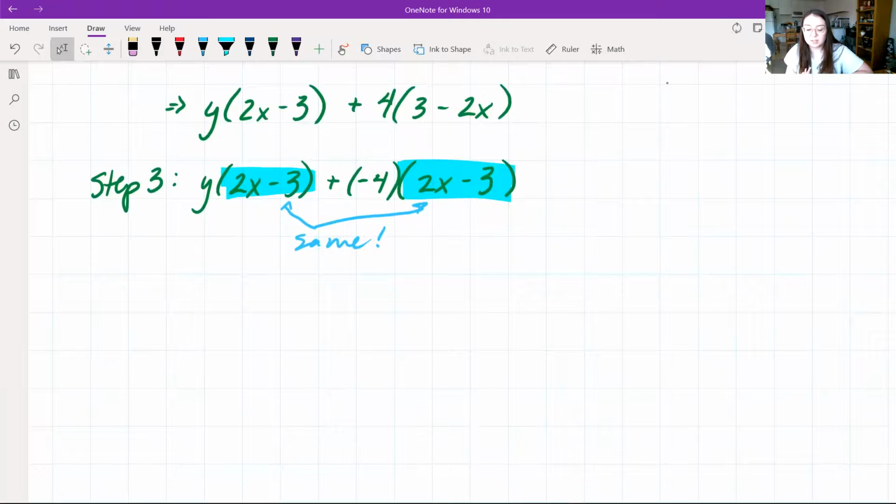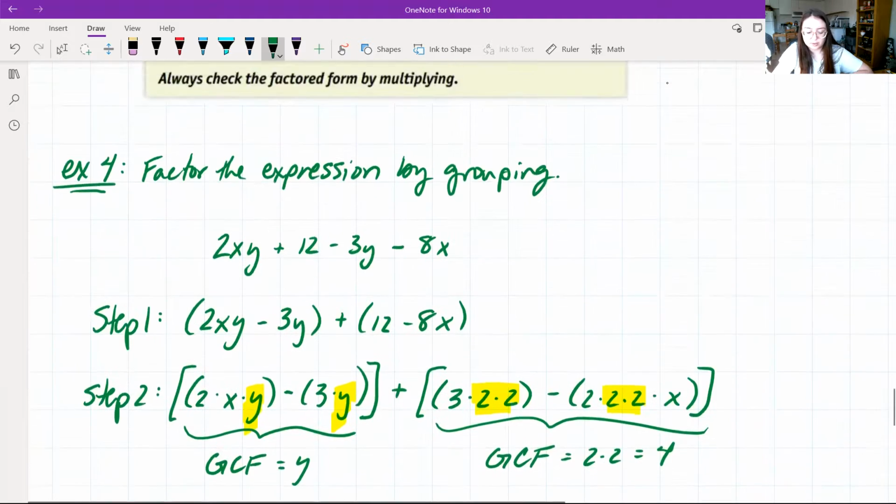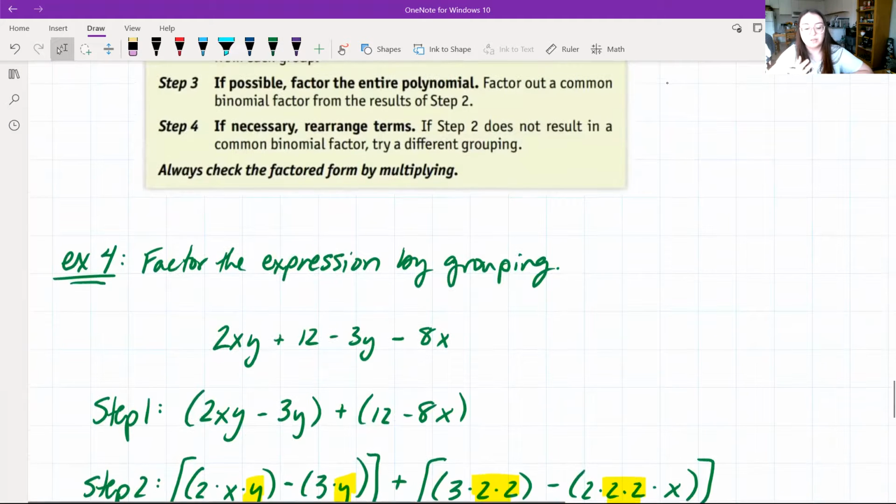But now we have that 2x minus 3 is the same, and now we're multiplying 2x minus 3 by y plus -4. So now our greatest common factor is 2x minus 3. This is our new greatest common factor for our polynomial. And so if we want to factor out our common binomial factor from the results of step 2, this means that we're factoring out 2x minus 3.